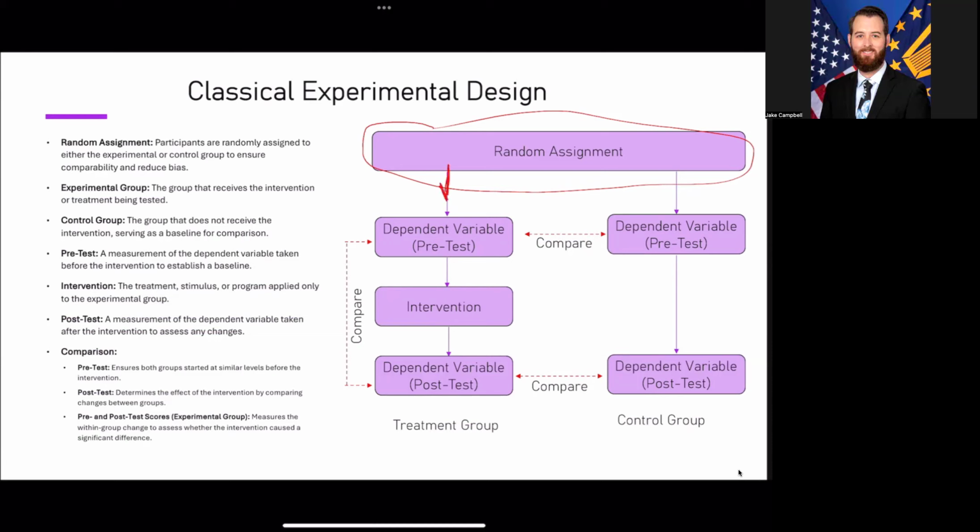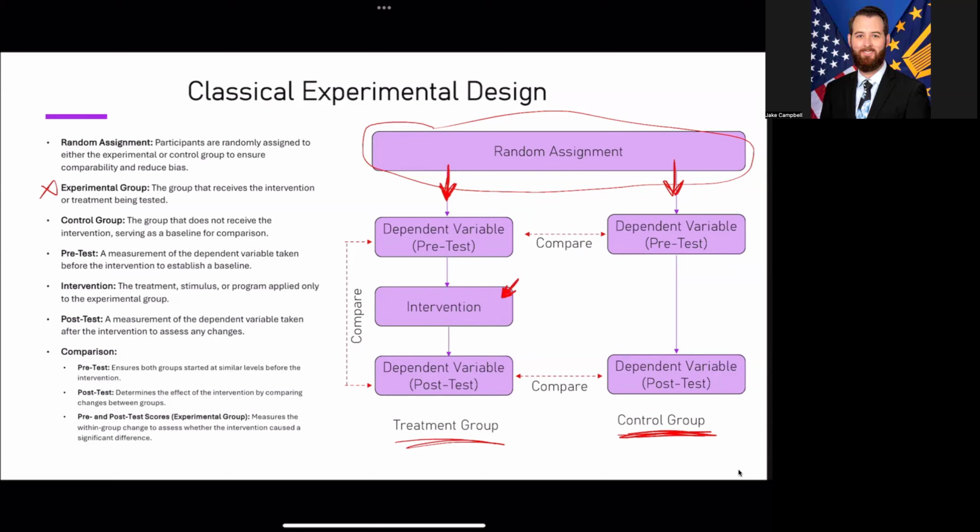Half of the people are randomly placed down one trajectory, whereas the other half are put down a different trajectory. We have a control group, and so half of everyone that starts out is going to not receive the intervention or the manipulation. The other half is going to be the treatment group, also known as the experimental group. These can be used interchangeably, but this is the group that's going to receive some intervention.